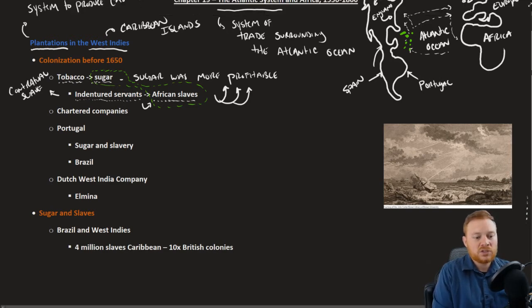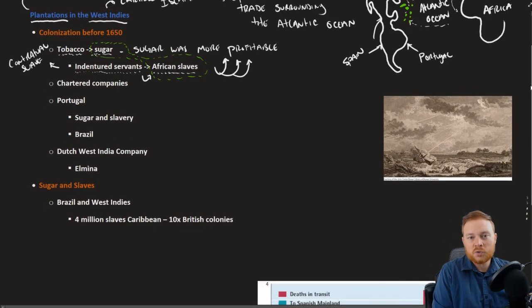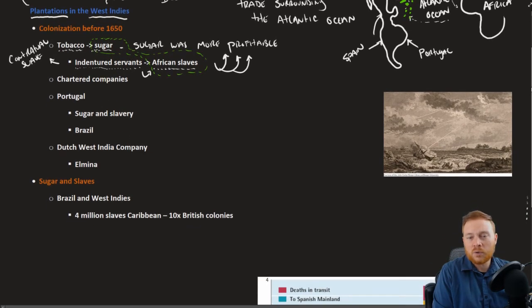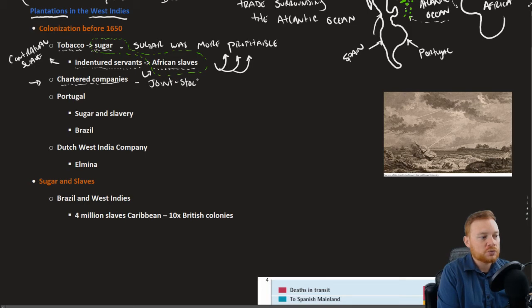Now, the way in which these various sugar plantations were financed and run essentially was through chartered companies. So a chartered company is a company, it could be a joint stock company, which we've talked about previously.